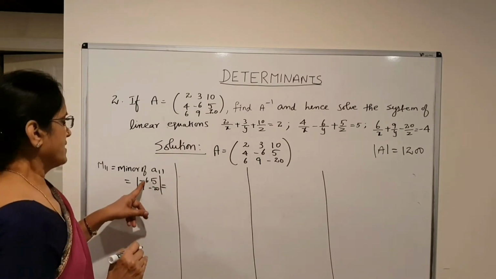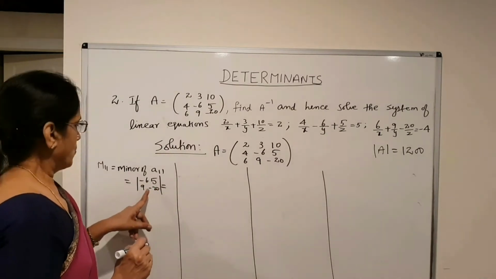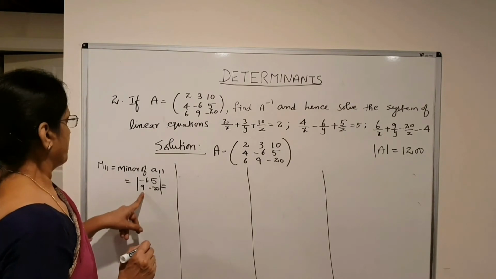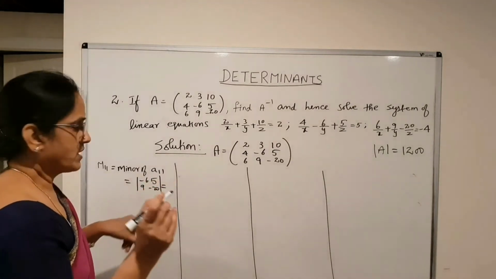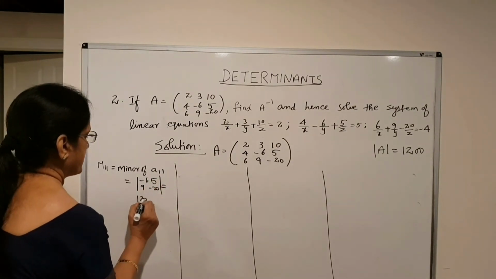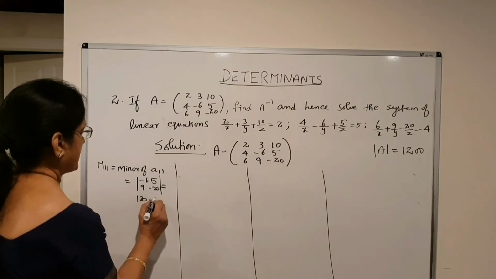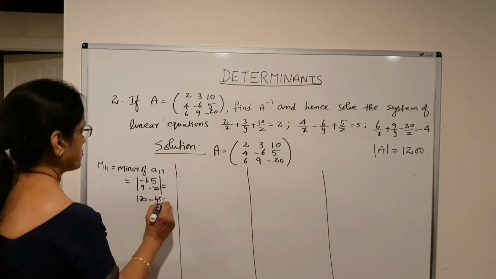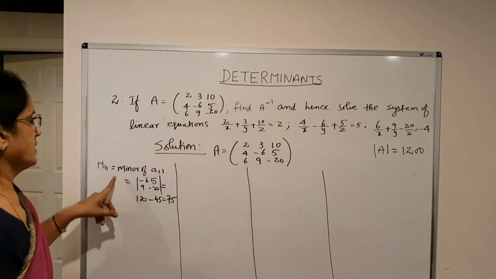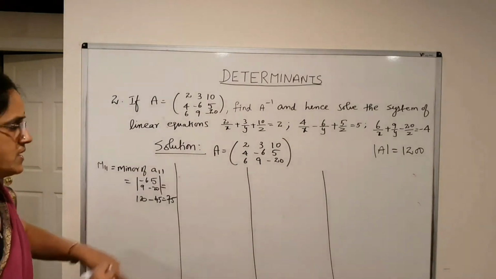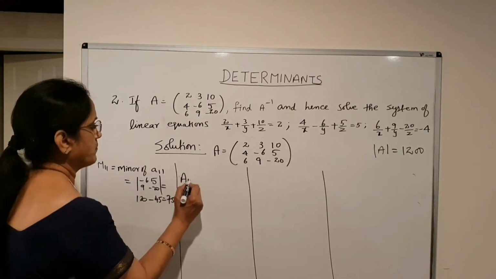This is nothing but 120 minus 45, which is going to be 75. So, M11 is 75. What will happen to the corresponding cofactor A11?